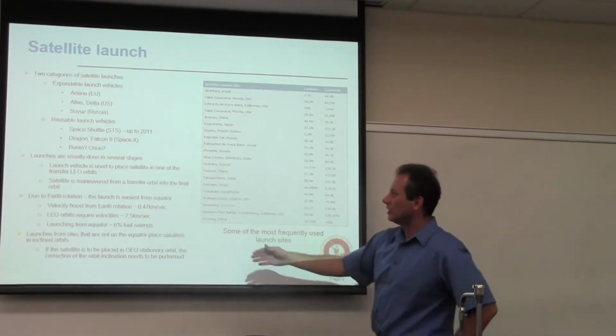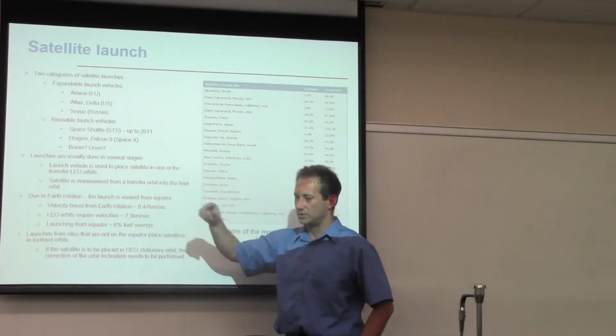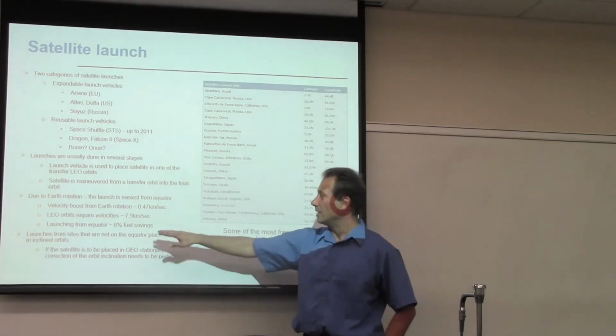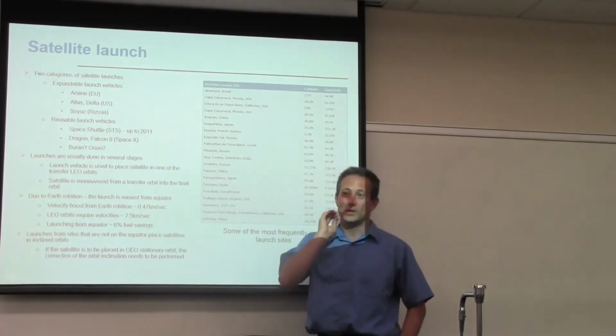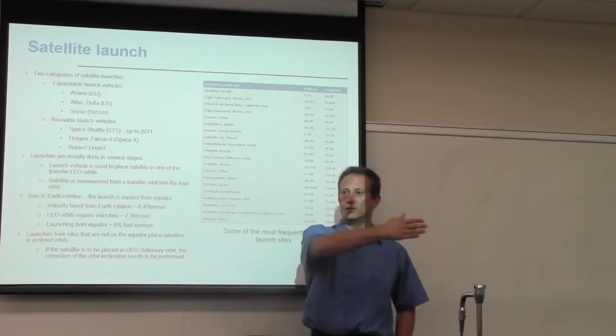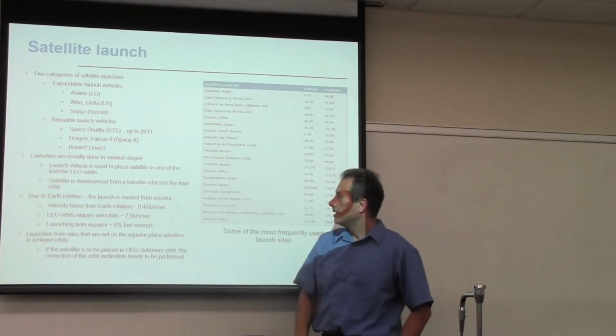In order to launch a satellite in a LEO orbit, so that it's not falling to the ground, you have to move it at 7.5 kilometers per second. So that means that a satellite in 10 seconds is in Orlando, right? So it's moving quite fast.